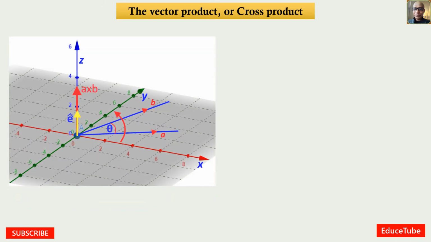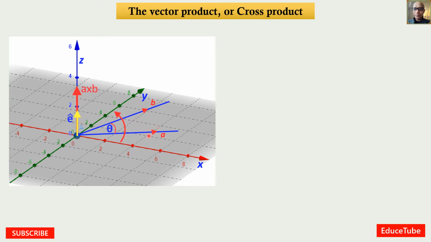Here I put a diagram. Here we can see there are two vectors, A and B. Vectors normally we know is a segment of a line having an arrow.